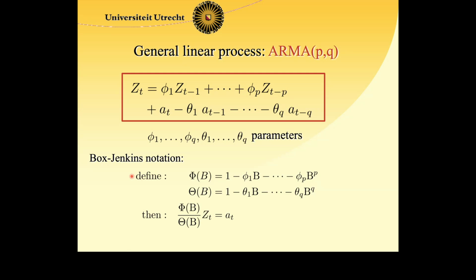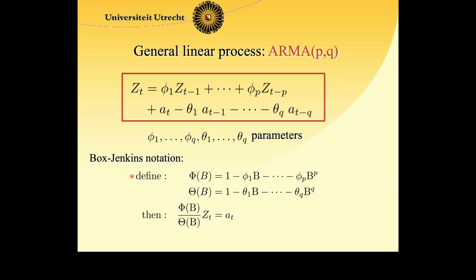You calculate the variance, you divide everything by the standard deviation, and then on the remaining residuals you apply this time series model. And once you have simulated or forecasted the series, you can then add the mean and the variance again.